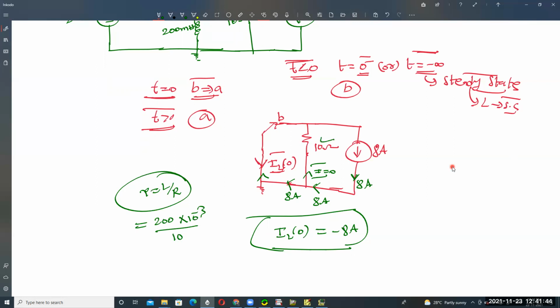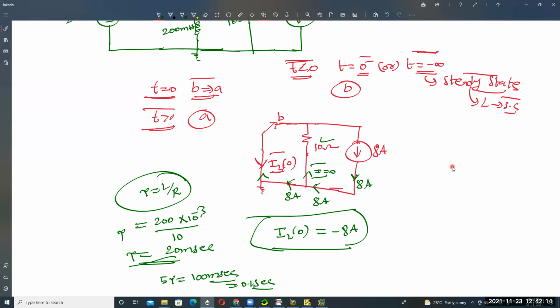After switching, that is 20 milliseconds. For a steady state condition we take 5 time constants, that is 5 into 20, 100 milliseconds, which is 0.1 seconds. Understood? So with the switch at position B, we get this type of response.